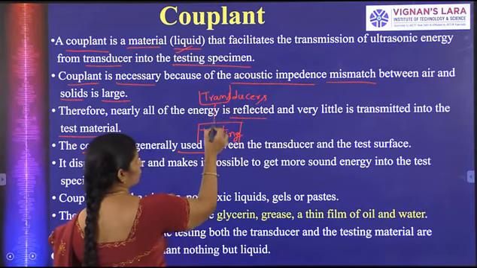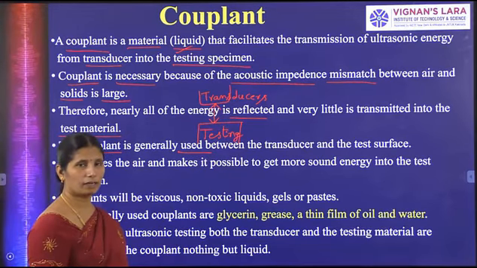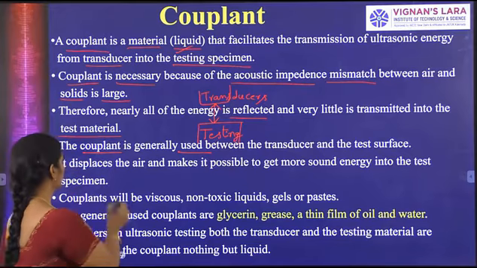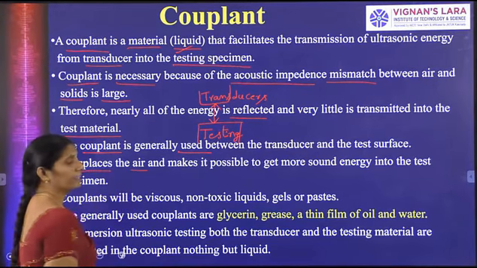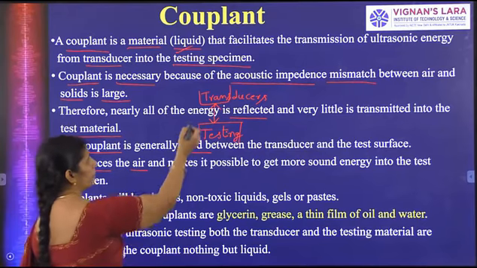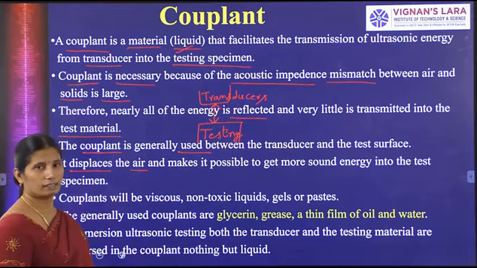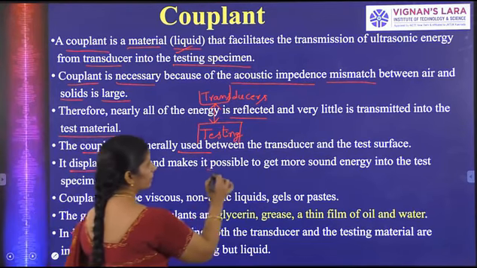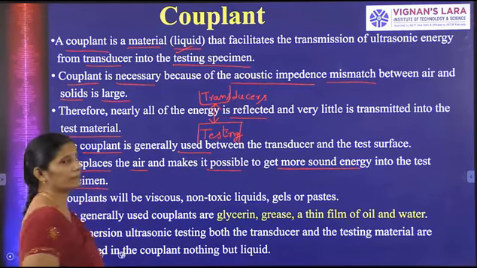In between these two, couplant is used. What will it do? It displaces the air between the transducer and the testing specimen. So it is possible to get more sound energy into the testing specimen.